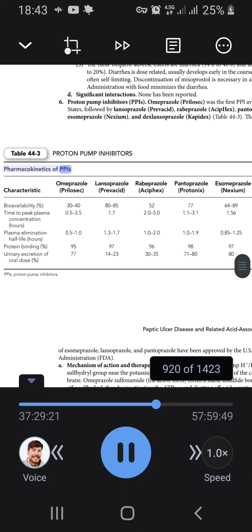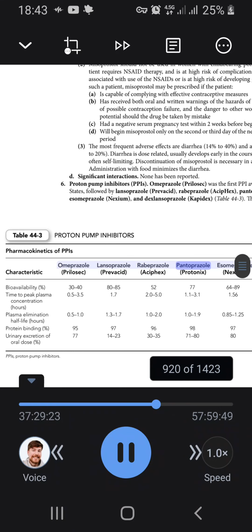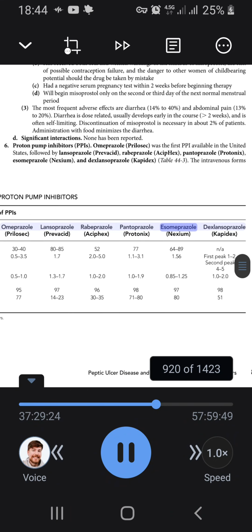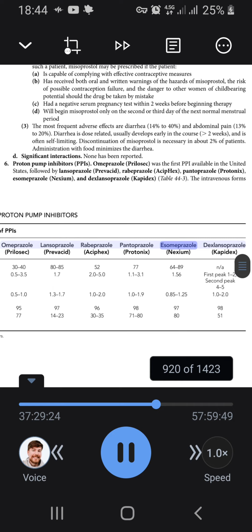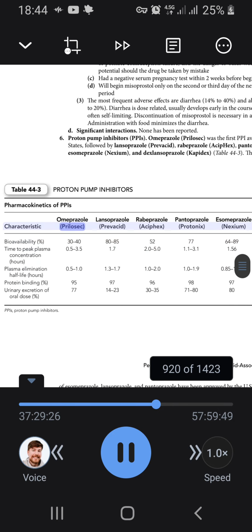Pharmacokinetics of PPIs. Omeprazole, lansoprazole, rabeprazole, pantoprazole. Characteristics: Prilosec, Prevacid.